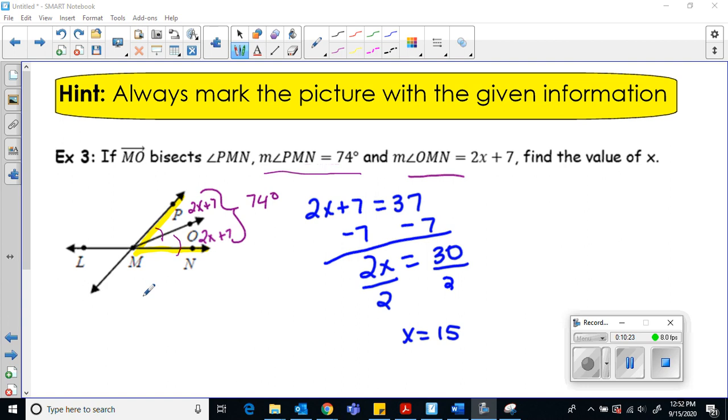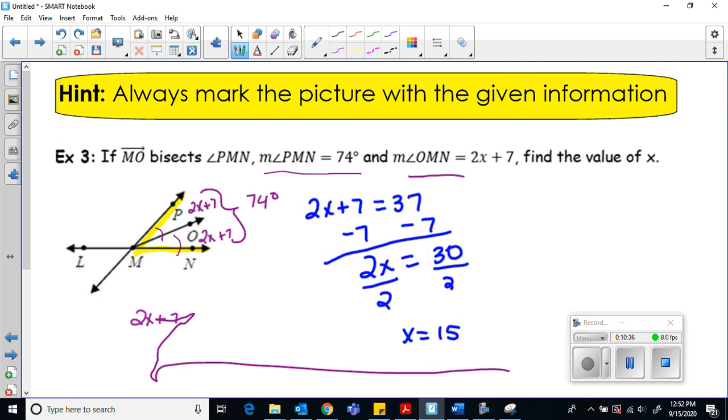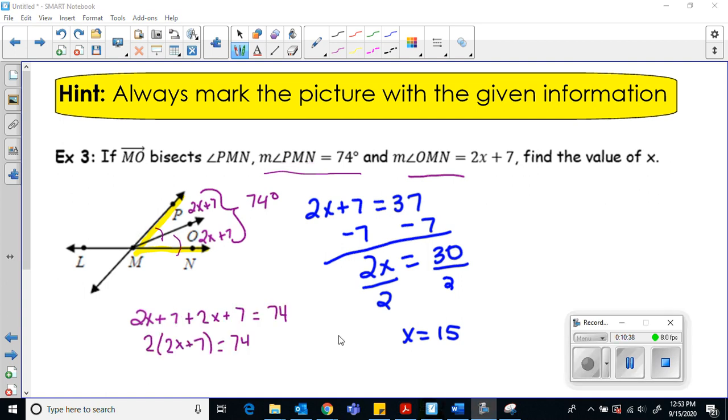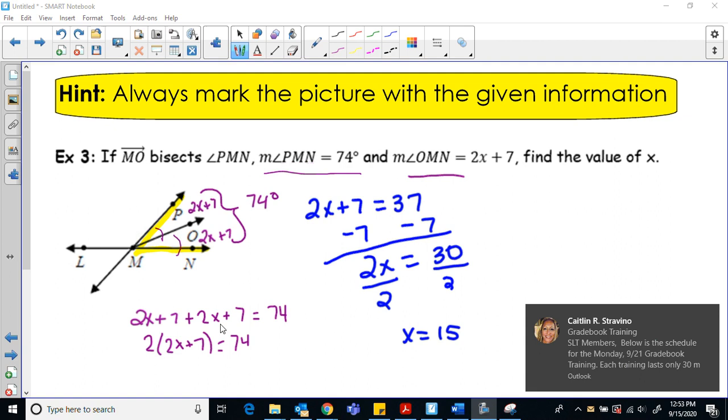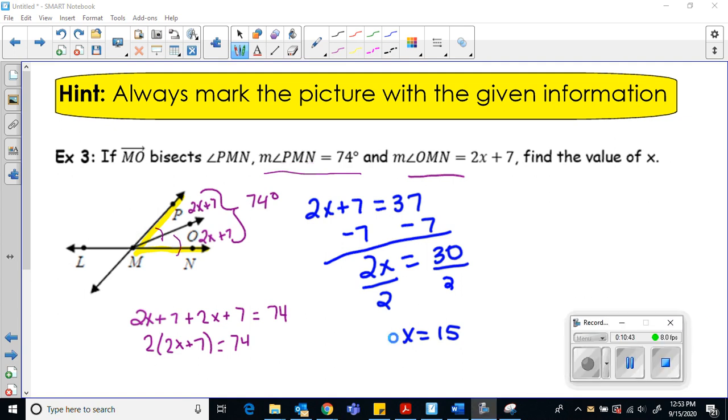And so if both of those half angles that were made are both 2x plus 7, we can do 2x plus 7 plus 2x plus 7 equals 74. Or you can just do 2 times the 2x plus 7, because you have two of them, equals 74. Then we should solve those either way, and you can still end up with x is equal to 15.